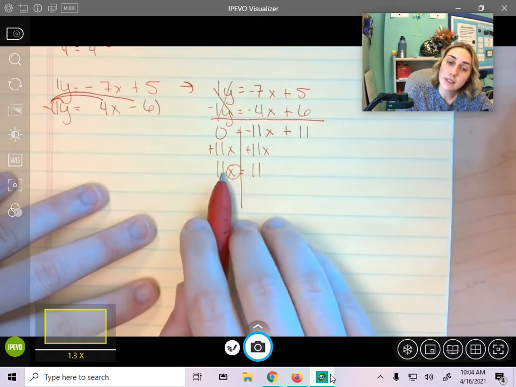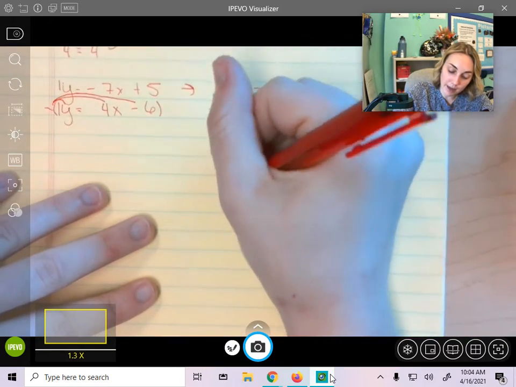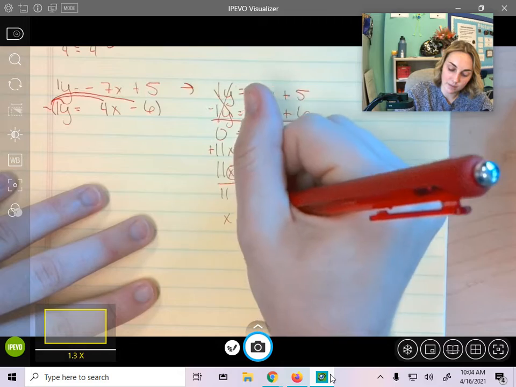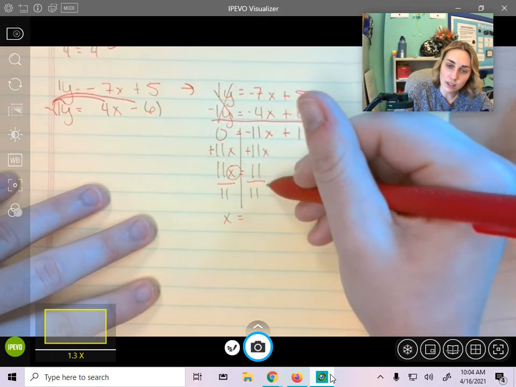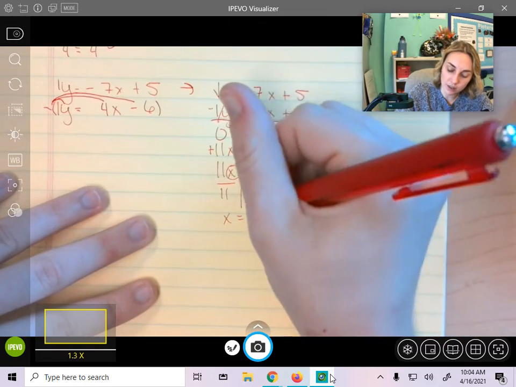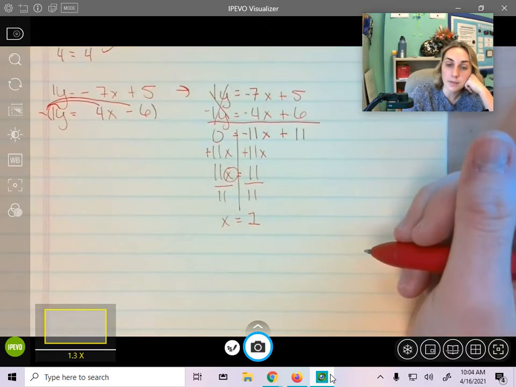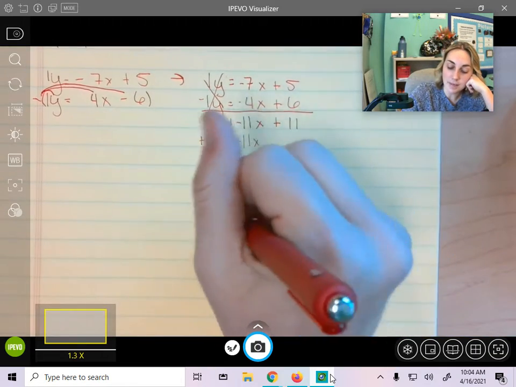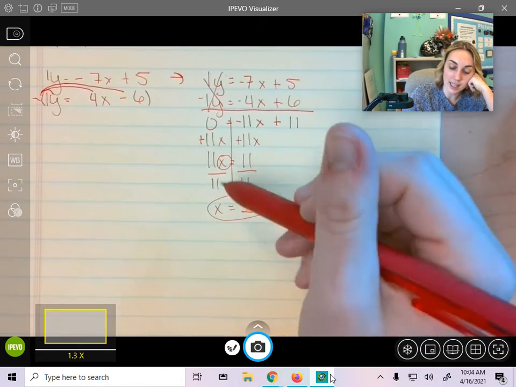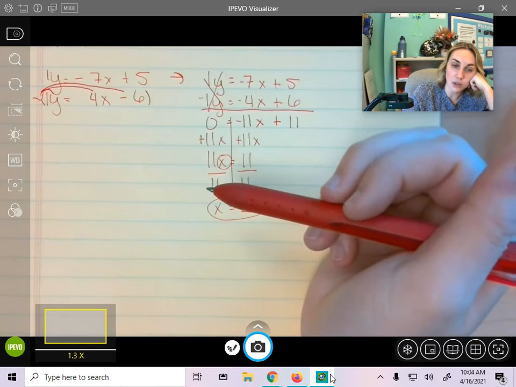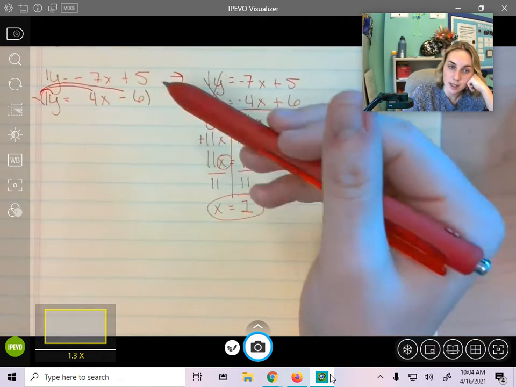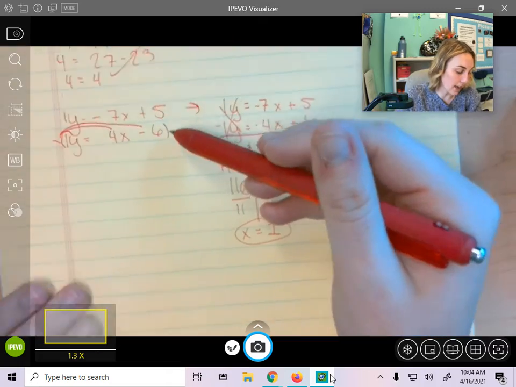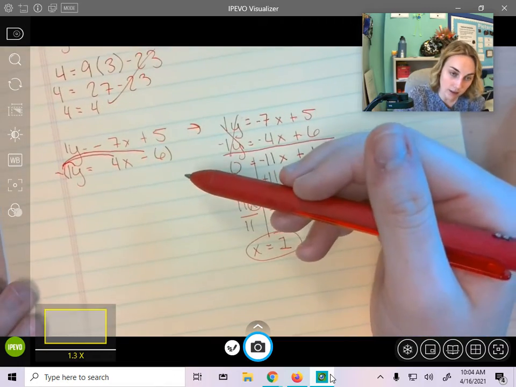The opposite of 11 multiplied by x is to divide it by 11. I'm going to do that on both sides. 11 over 11 is 1 whole, so x is equal to 1. So I have my x value. I'm going to plug it in to one of these equations in order to solve for y. I'm going to choose this front equation just because I think it'll be a little bit easier.